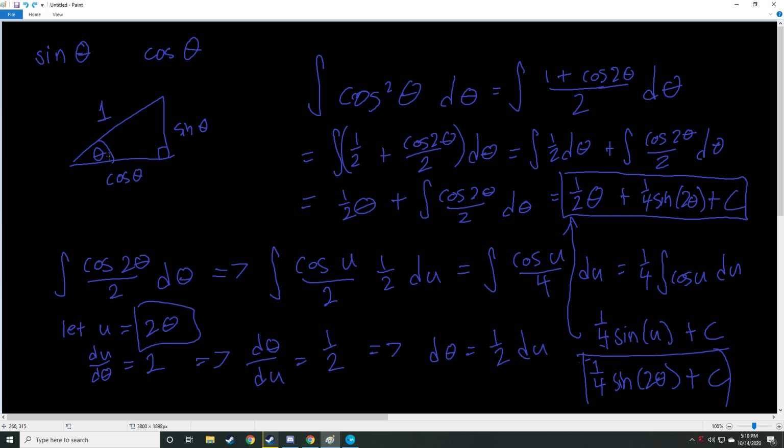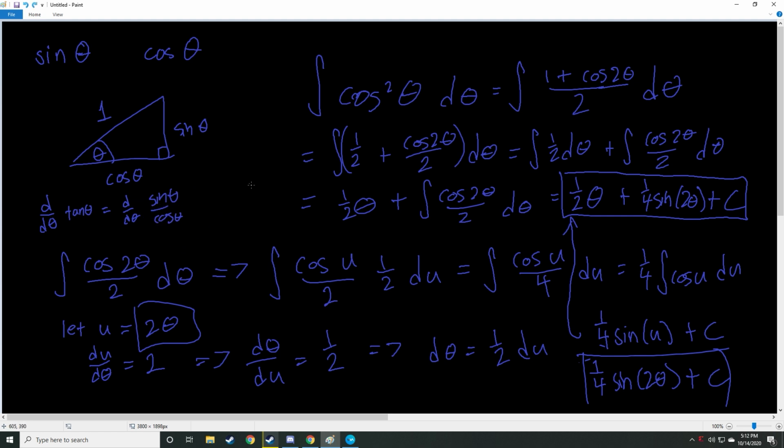So let's say somebody asked you, what is d theta of tangent theta, and you didn't know what that is. Well, you could say that's just d theta of sine theta over cosine theta, and then you could use the quotient rule. If you know your calculus, you know the derivative of sine, you know the derivative of cosine.